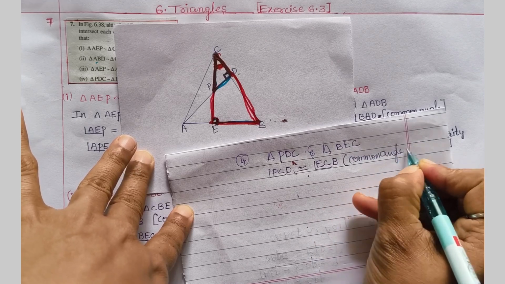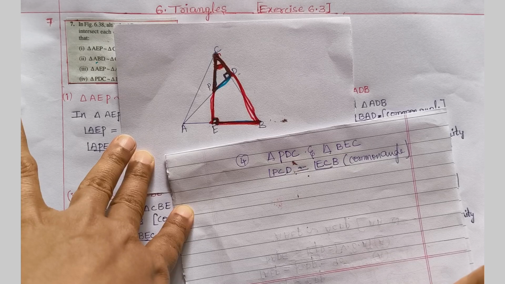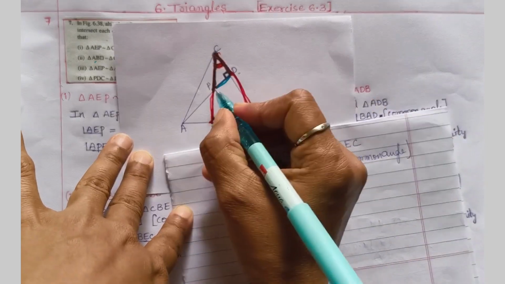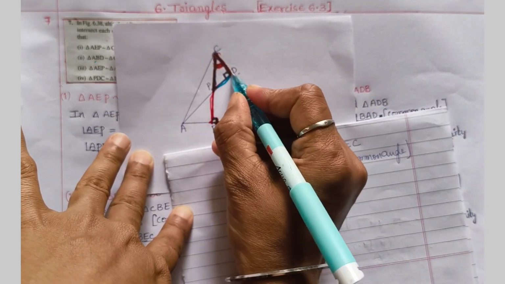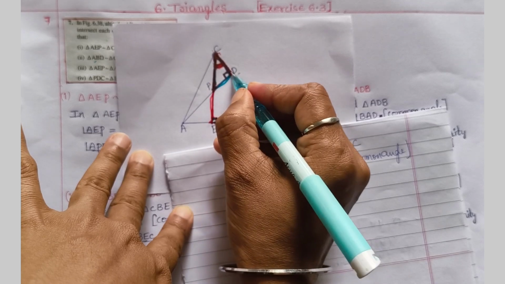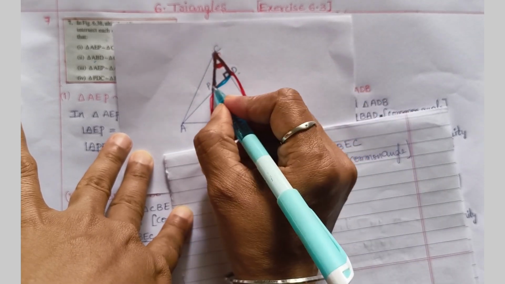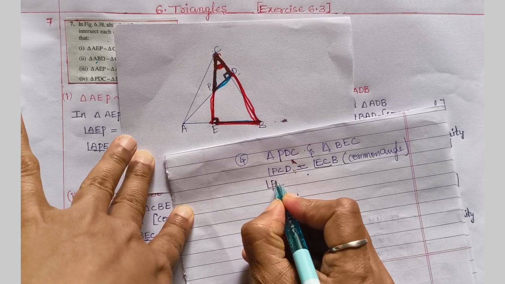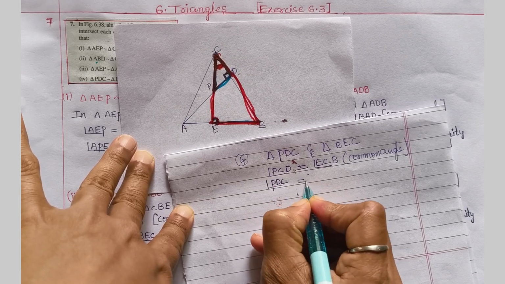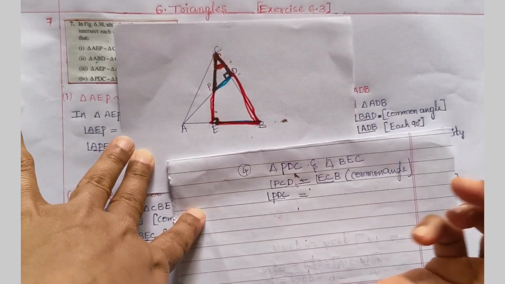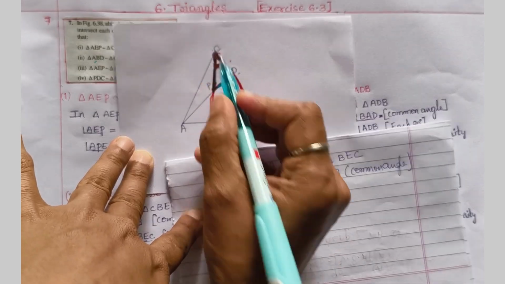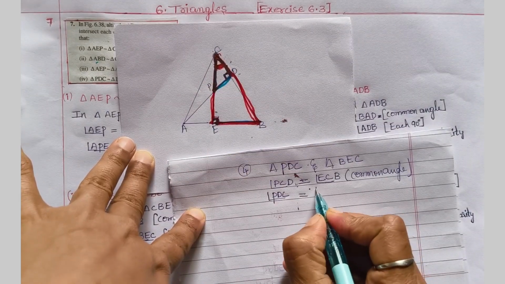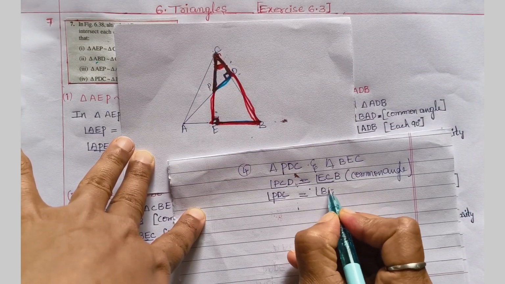Okay, the common angle is over. Now we will take 90 degrees. How will you take it? This small triangle we will take: PDC, otherwise CDP, any one you take. I will take angle PDC. It is equal to, in this big triangle, BEC, here 90 degrees, angle BEC.